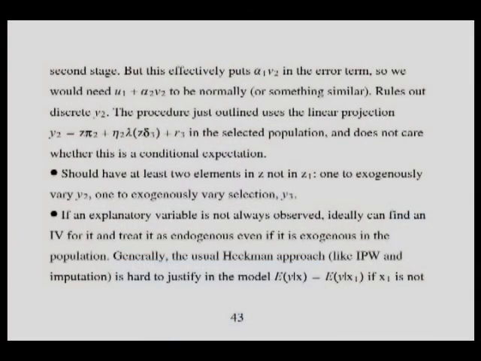The other point is that even if y2 is something that you would think of as being exogenous in the underlying structural model, if you don't observe it all the time, you really should think of getting an instrument for it. Okay?